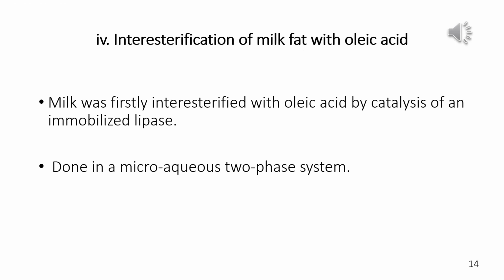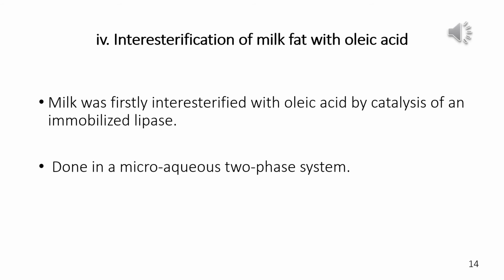Next step is the interesterification of milk fat with oleic acid. So how are the milk fats interesterified? Milk fat was first interesterified with oleic acid by providing a catalyst of immobilized lipase. This whole process is done in a microaqueous two-phase system.